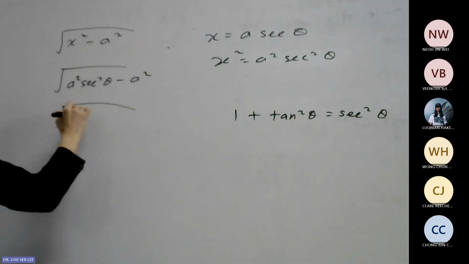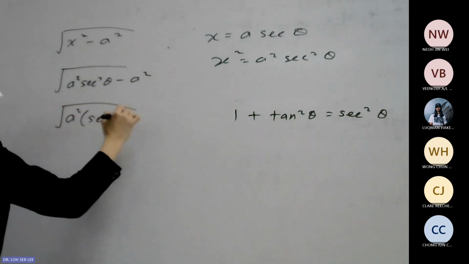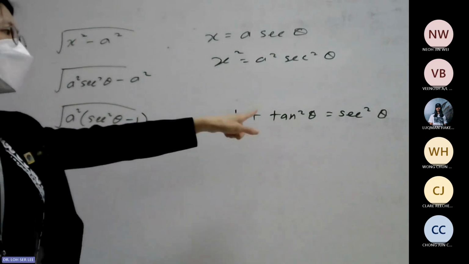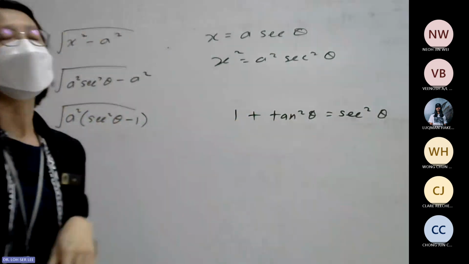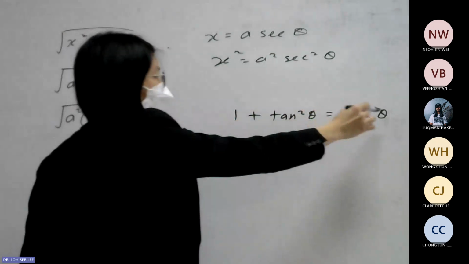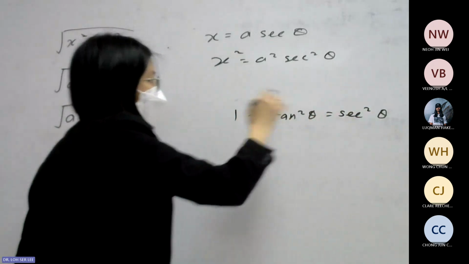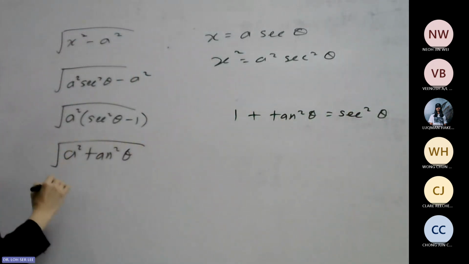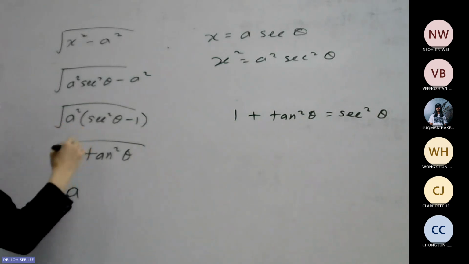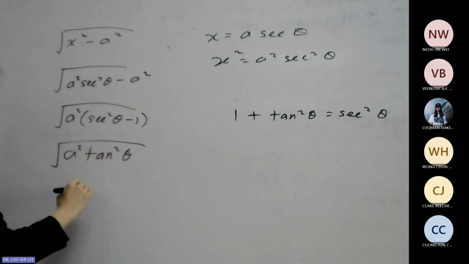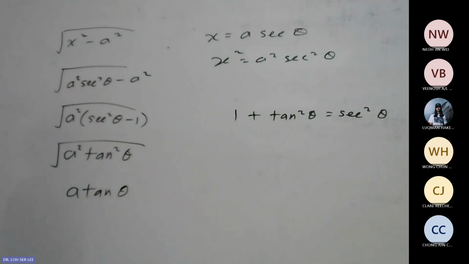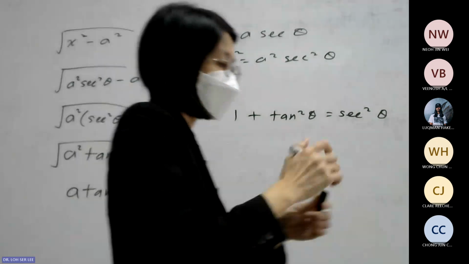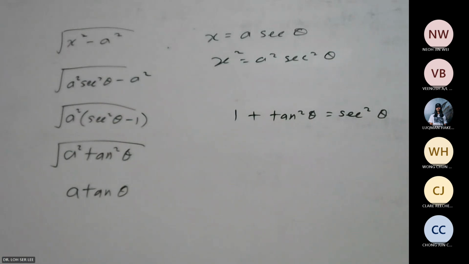After the factorization, we have secant squared theta minus 1. That means we are using the same identity: secant squared theta minus 1 is tangent squared theta. After we cancel out the square with the square root, we have this without the square root. That's why we have these three functions.